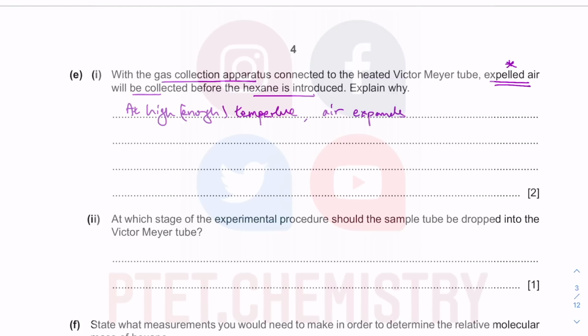Yeah, okay. So air expands, and this rises up the tube, and gets expelled first into the gas collection apparatus.